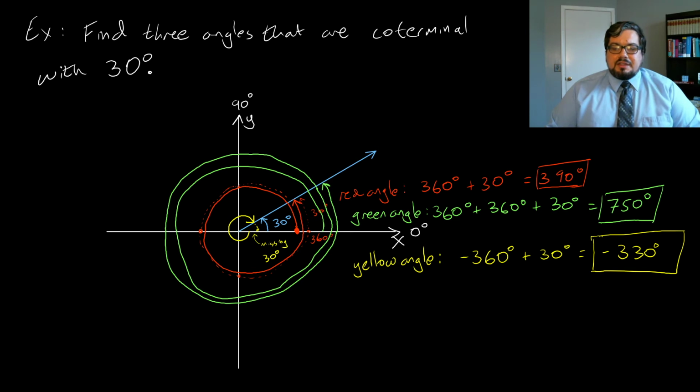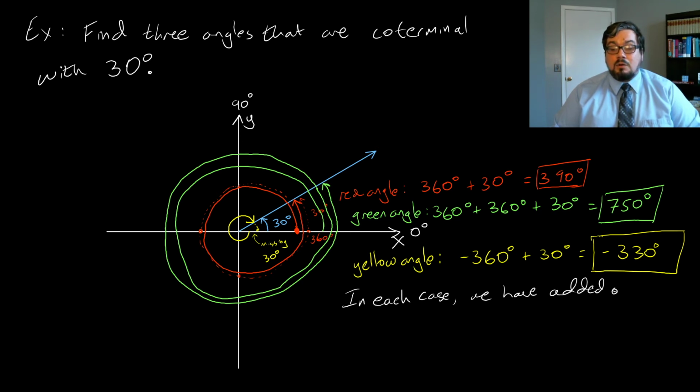And so the thing that I want to point out here, the pattern that we can see, is that in each case we have added or subtracted 360 degrees from 30 degrees.